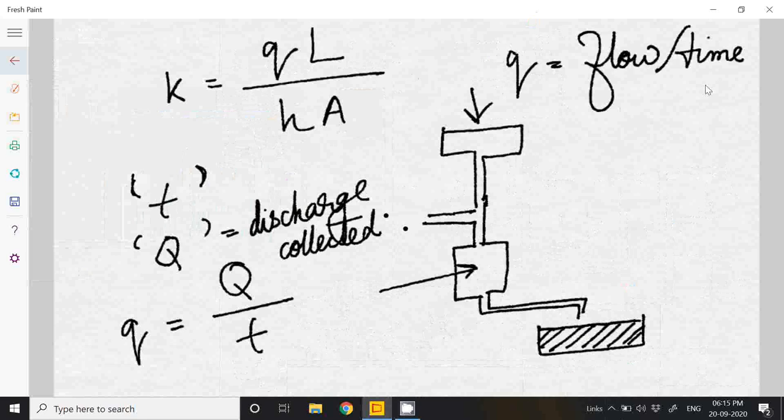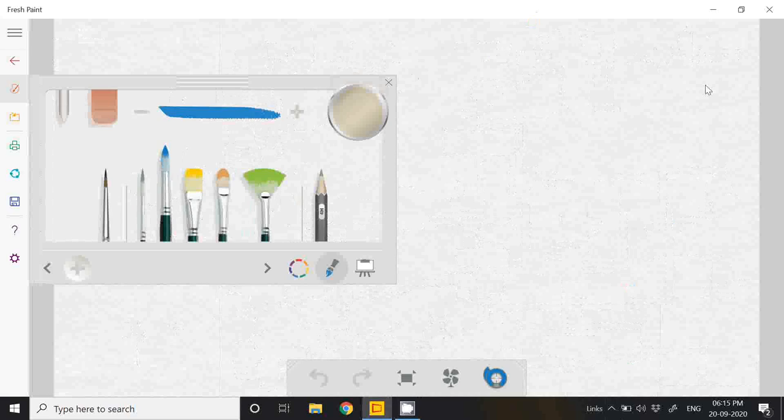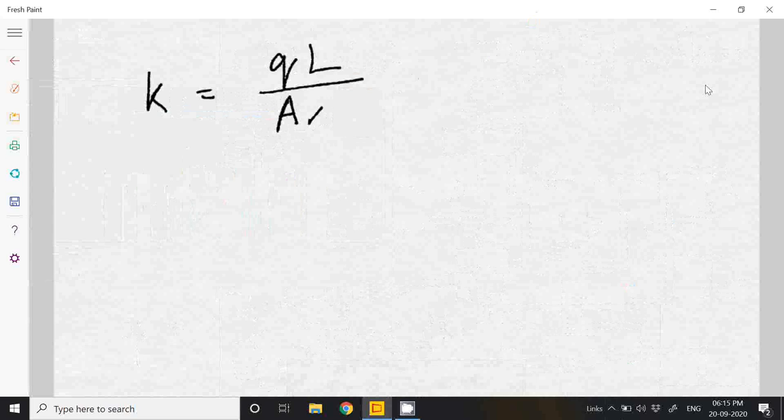Okay, so finally, how will the equation get modified? K is equal to QL by AH. It's already there.